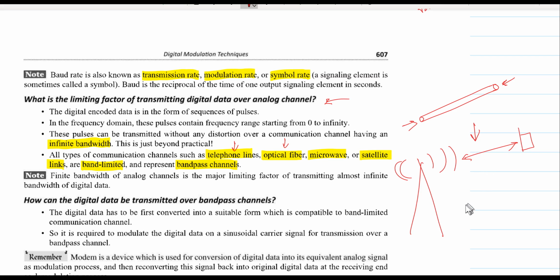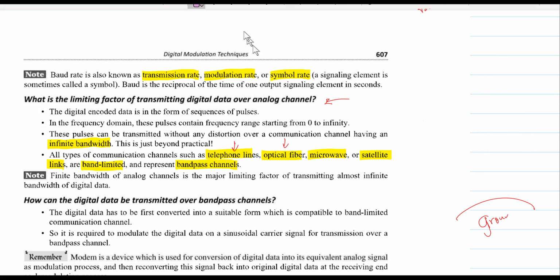Satellite allows you to transmit from the earth to some satellite way beyond the atmosphere. You transmit from this end to the satellite receiver, and then someone on the ground receives a signal from the satellite. This is what we refer to as satellite links.